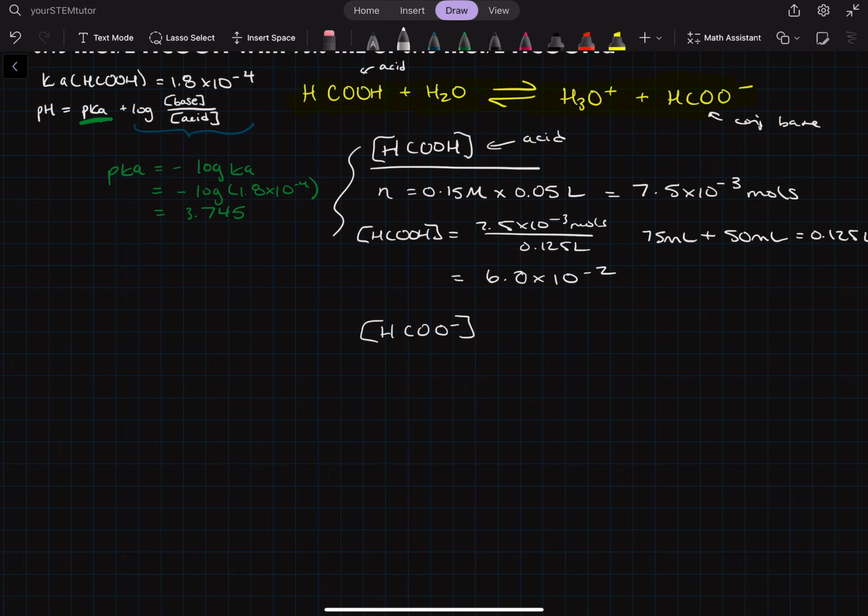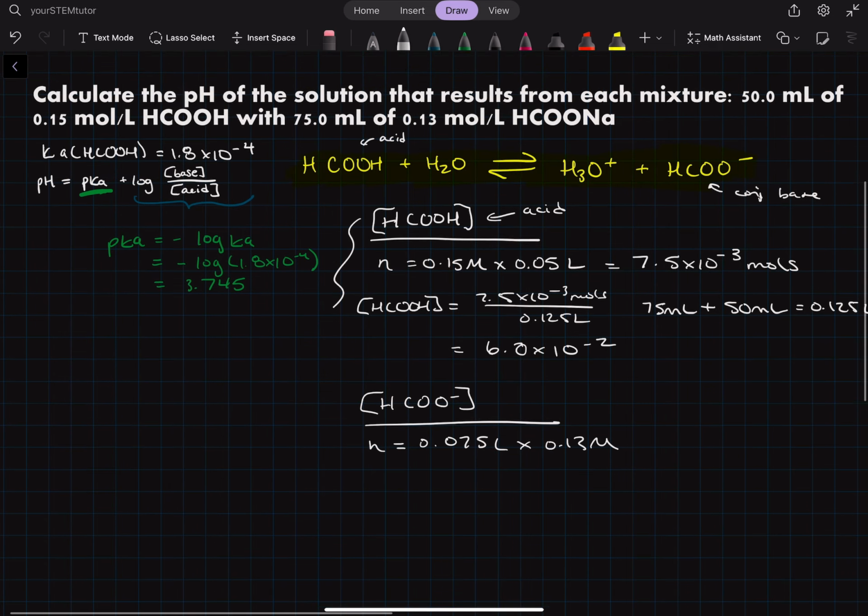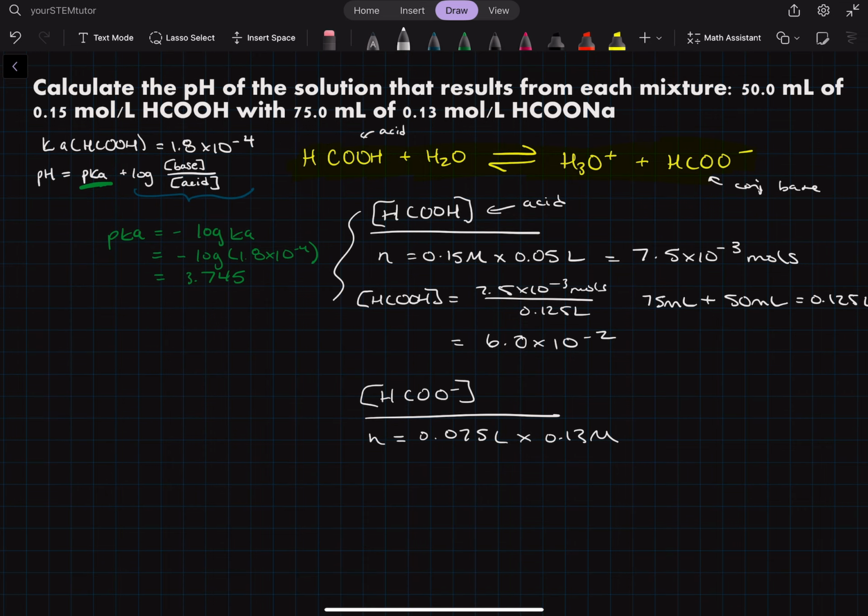If we start to calculate this, we'll find that our number of moles is equal to 0.075 liters times 0.13 molarity, like in our question. If we calculate that real quick, we have 9.75 times 10 to the negative 3, and this is going to be our moles.